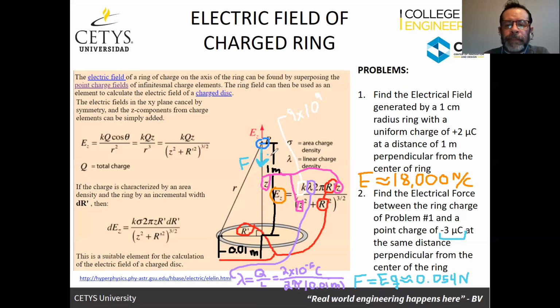So this would be the charge for the disk. By the way, I apologize, I made a mistake with the bonus. I wrote down something wrong here. I said that the bonus would be going from this differential to this expression here, and actually no, because it's the same expression.